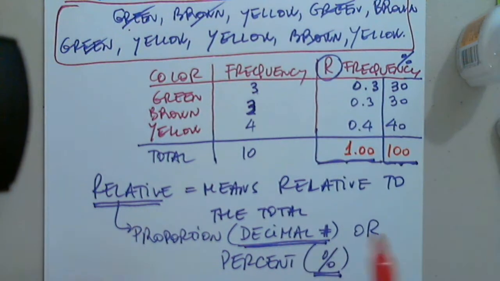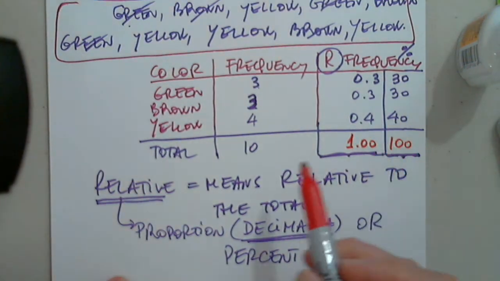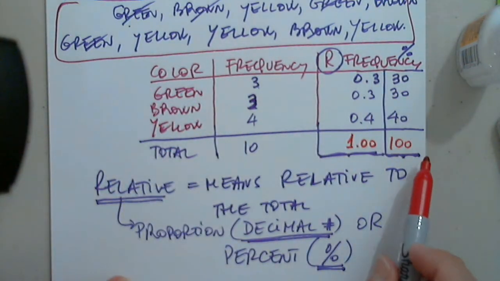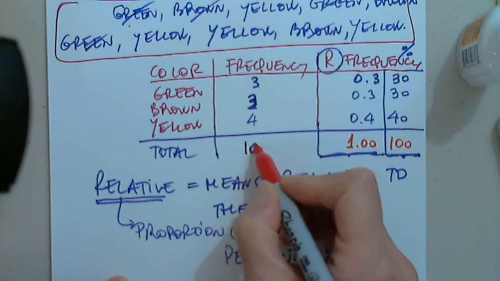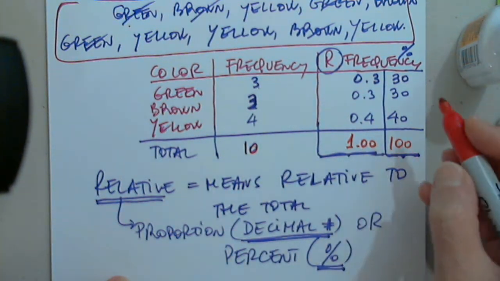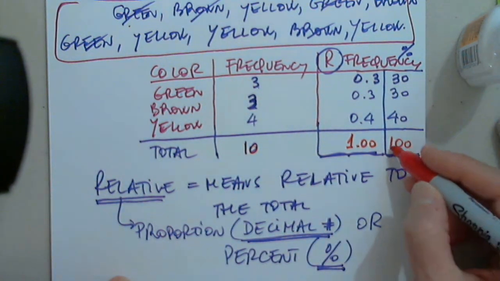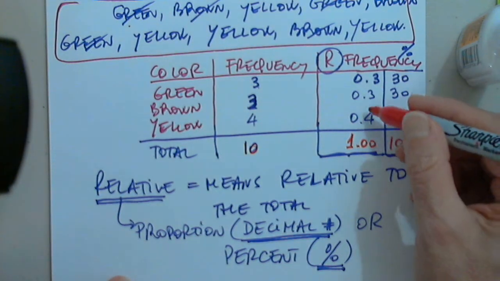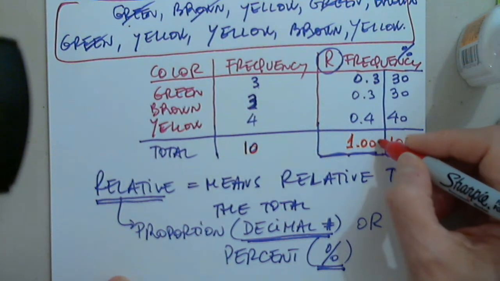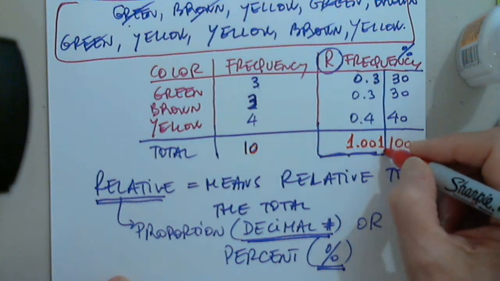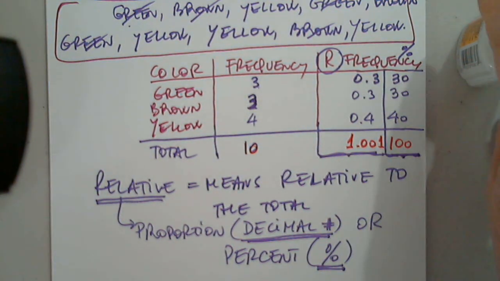If, in a table on the midterm, for example, you are asked to create this table, and you forget to show the total and forget to show the 1, or if you're asked for the percent and you forget to show the 100, they have to be 100. If this is 101.001, then it's wrong. Don't write that.